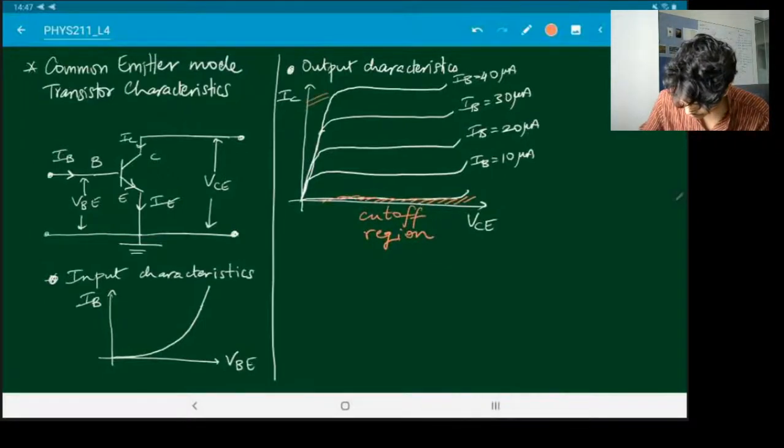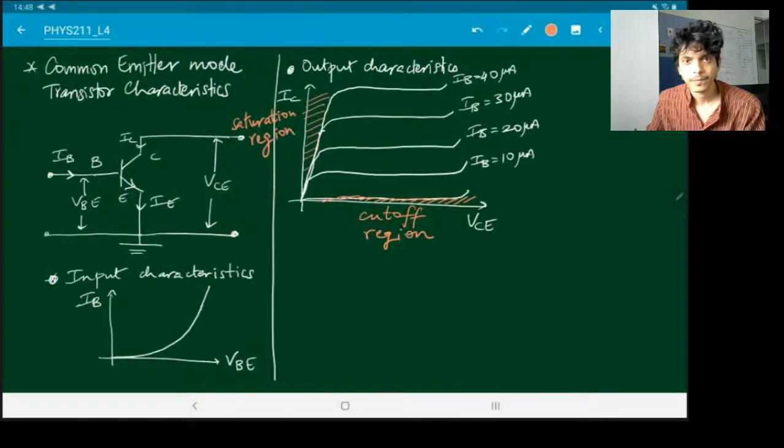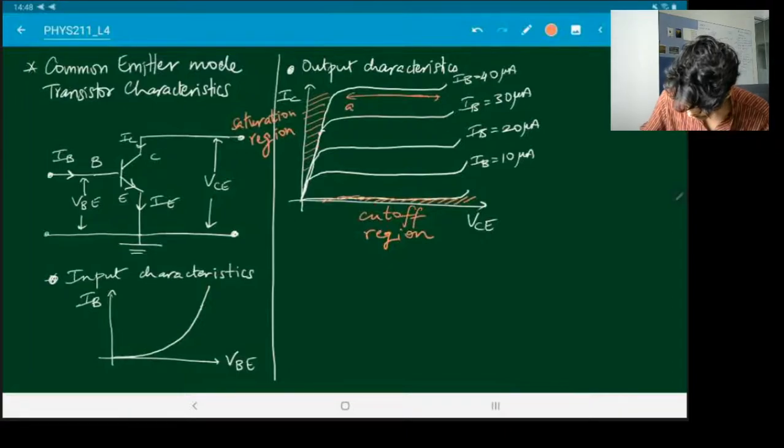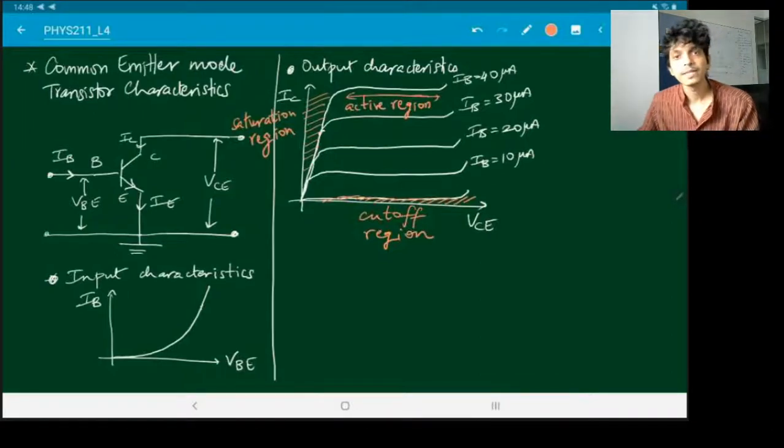And this part over here is called the saturation region, and the flat portion is called the active region. And normally the idea is that you are going to operate your transistor in the active region.